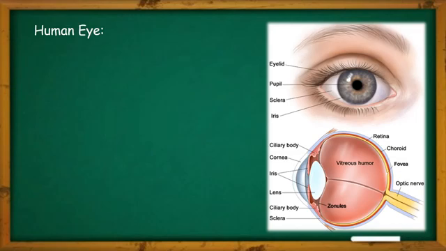But those pictures are real images and also inverted in nature. But whatever images we see of the object, they are in erect position. How does that happen? Actually, that is happening due to the construction of our human eye. Before knowing that, let us first know what the parts of the human eye are.